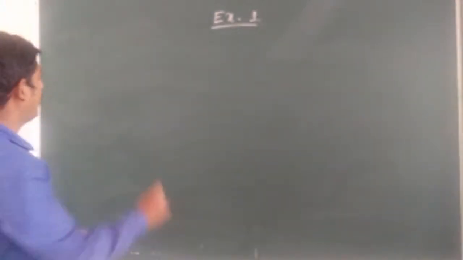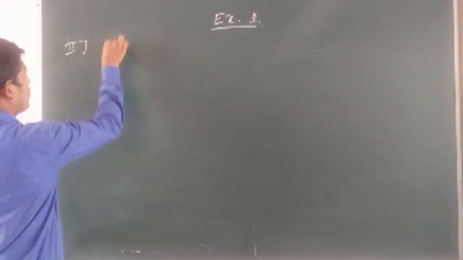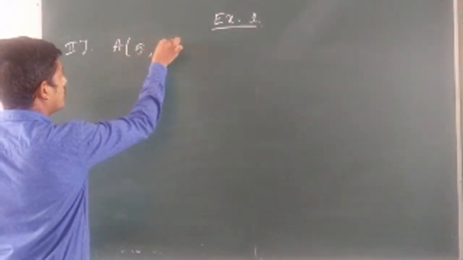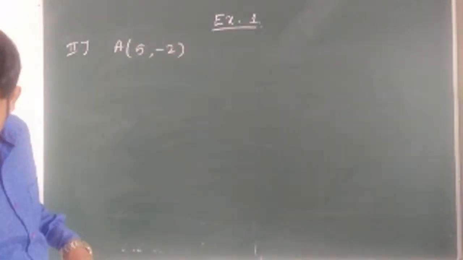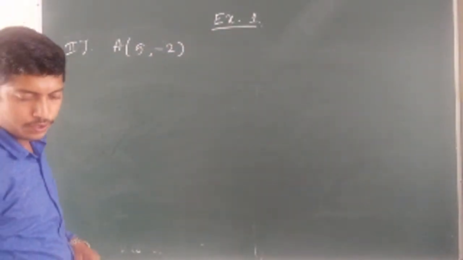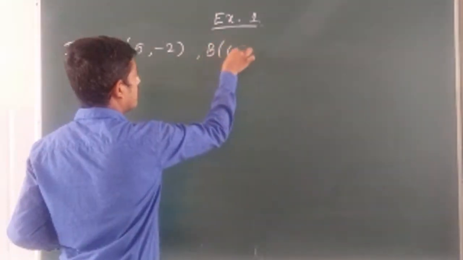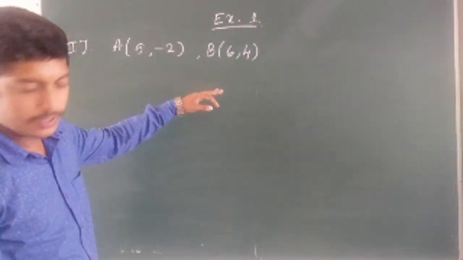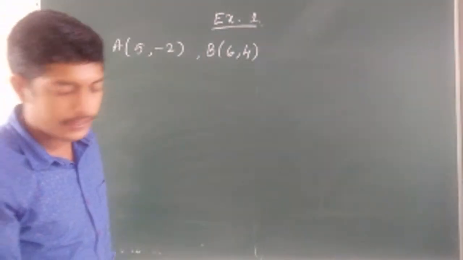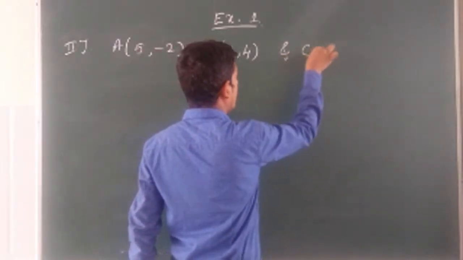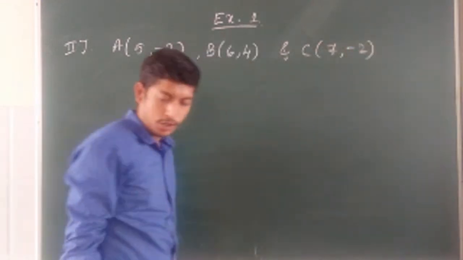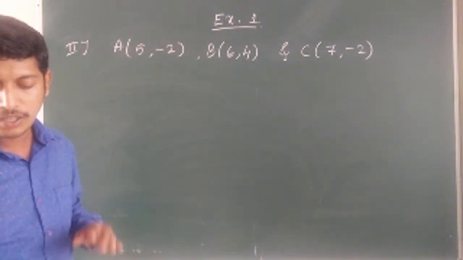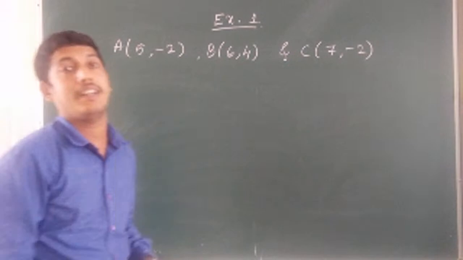The points are A (5, -2), B (6, 4) and C (7, -2). Now check whether these points are the vertices of an isosceles triangle or not.